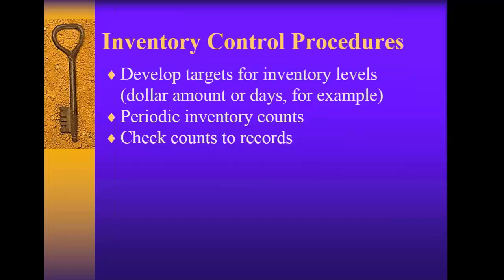So what we're saying here is that inventory control is not just a periodic inventory system, but that the perpetual system, where we are recording transactions as they occur, is supplemented with systematic periodic inventory counts so that we can actually find the problems. We find these problems and we can address these. Check the counts to records.